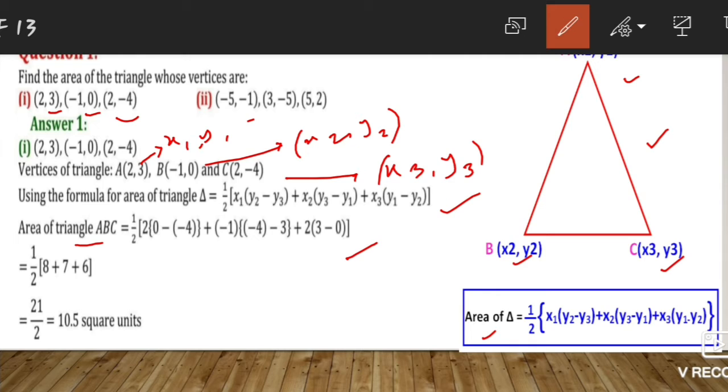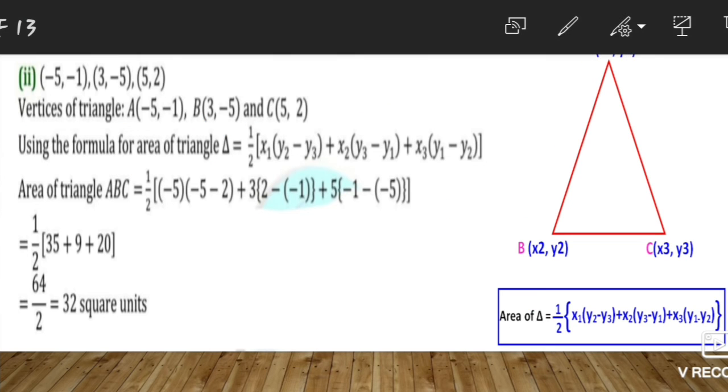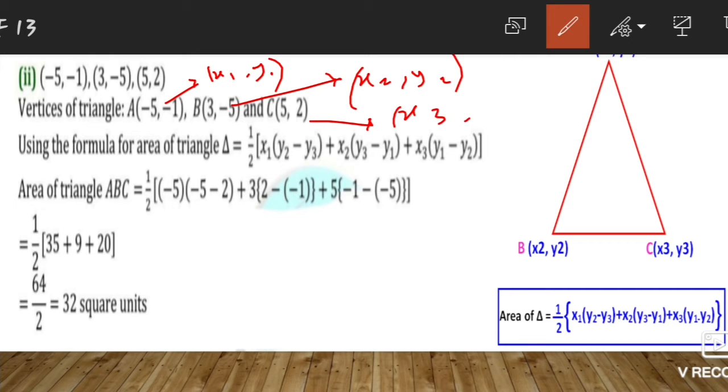Similarly, in the second part the vertices are given as minus 5, minus 1; 3, minus 5; 5, 2. Similarly, you will consider the first point as x1, y1, the second as x2, y2 and the third as x3, y3, and the formula is the same.